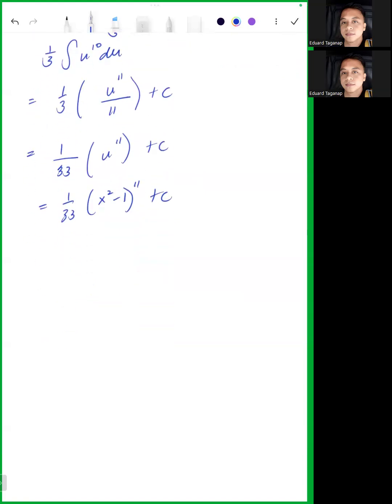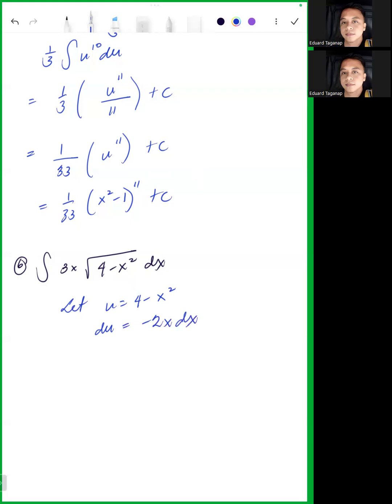Finally, for this video, number 6, we want to take the integral of 3x times the square root of 4 minus x squared dx. What are we going to let as u? That would be 4 minus x squared. And du is negative 2x dx.